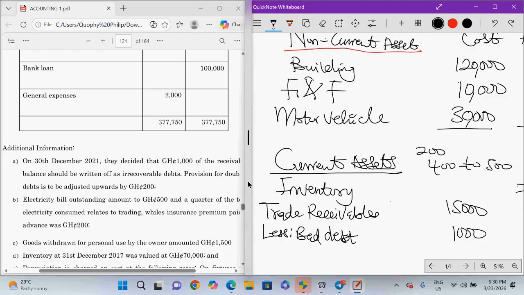If the old one was 400, and they say increase by 200, it means now it is 600. Here we take the 600 and not the 200. The 200 will be dealt with in the income statement. But when we are looking at current assets, we take the closing, total one, which is the 600. So what is the provision for doubtful debt in the trial balance? Add the 200, and that will be the one adjusted against the trade receivables.